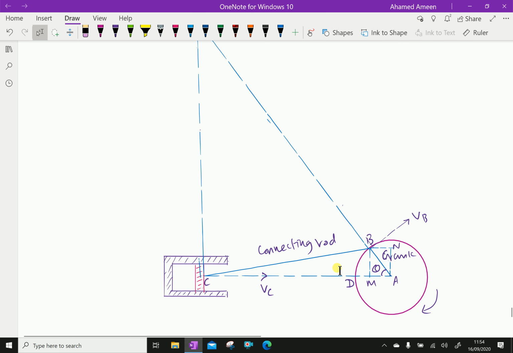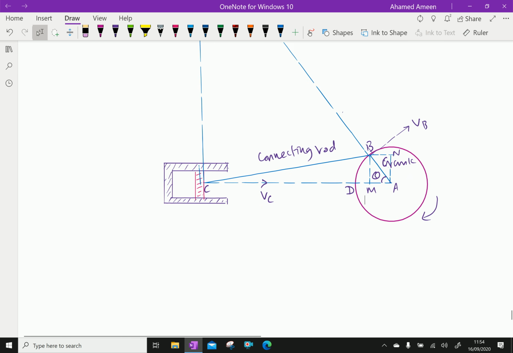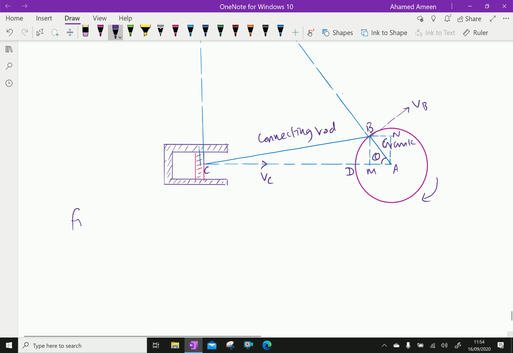Now from the geometry, triangle OCB and triangle ABN are similar triangles.